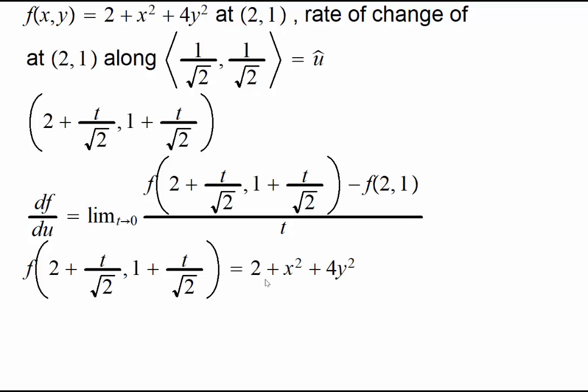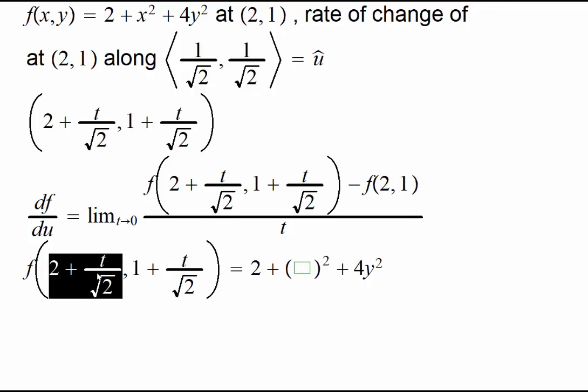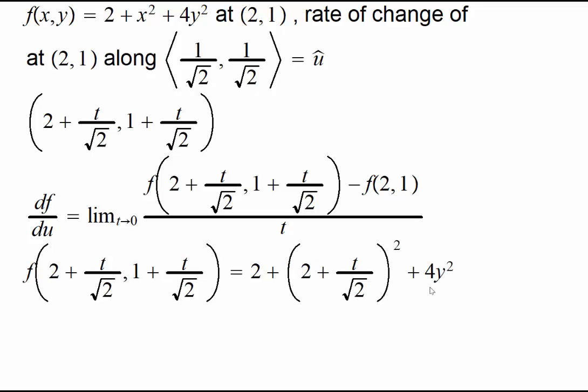So we put this for x and this for y, and we will let the machine do the algebra for us.